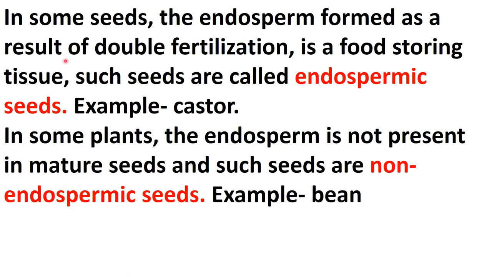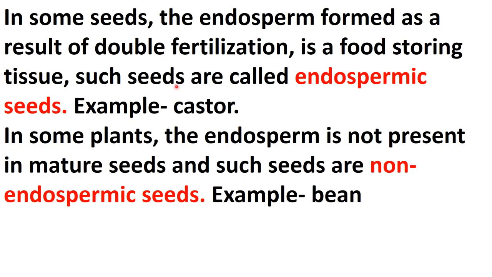Now in some seeds the endosperm is formed as a result of double fertilization. You know about double fertilization? So after double fertilization endosperm is formed. Okay, and that endosperm is a food storing tissue, meaning food is stored inside the endosperm that helps in the development of the developing embryo. You can say that it is a source of nutrition for the developing embryo.